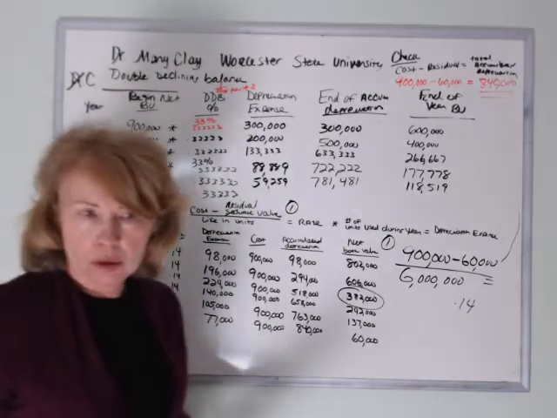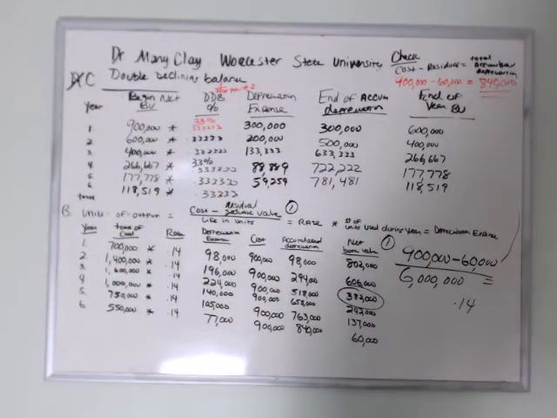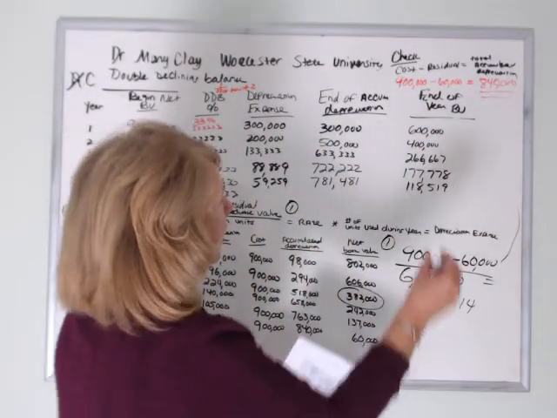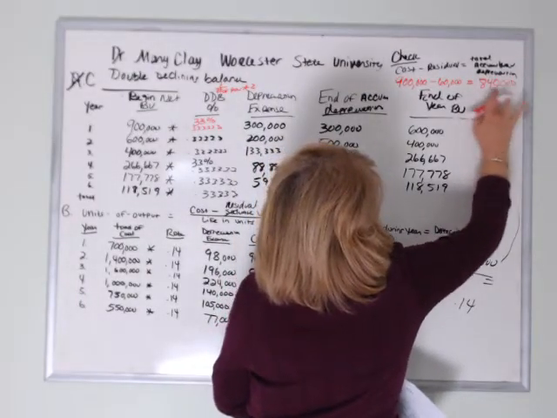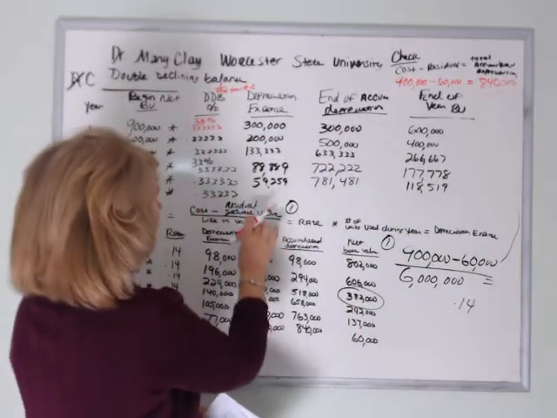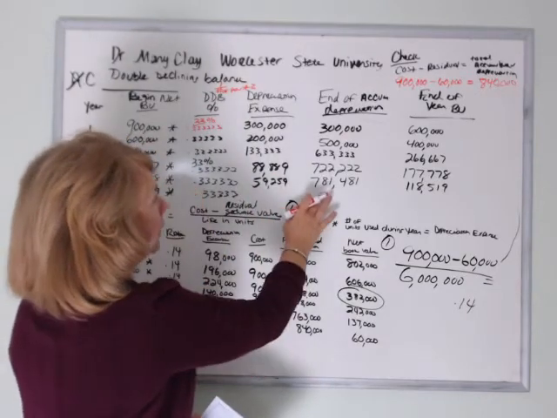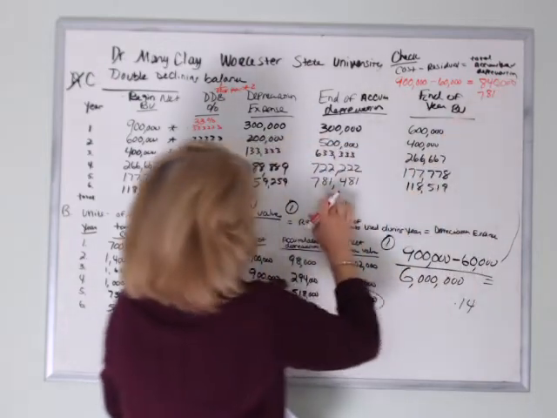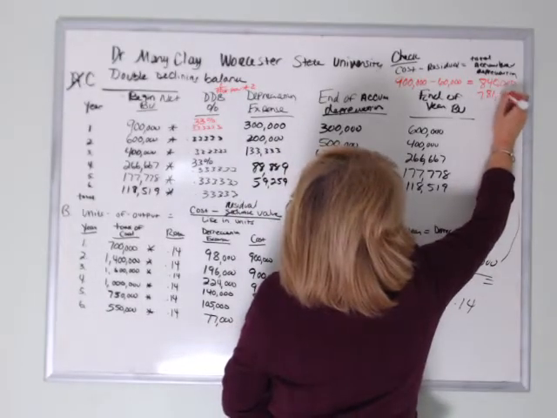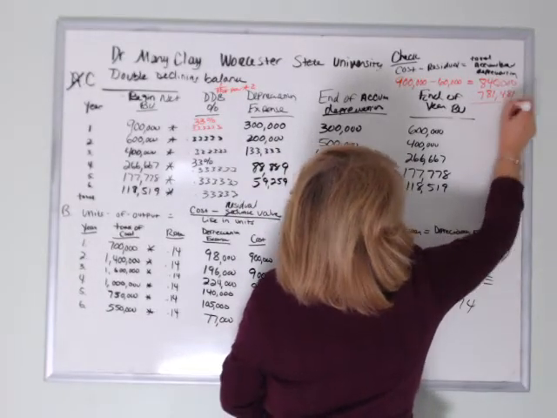Okay, so let me do it in red again. How do we do it? We're going to take the 840,000, and I'm going to subtract the 781,481.